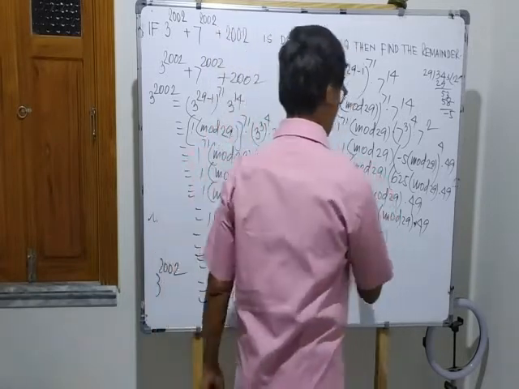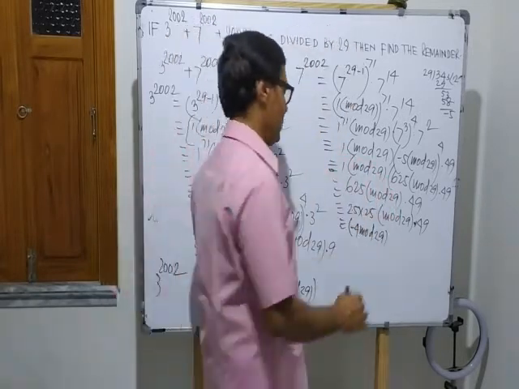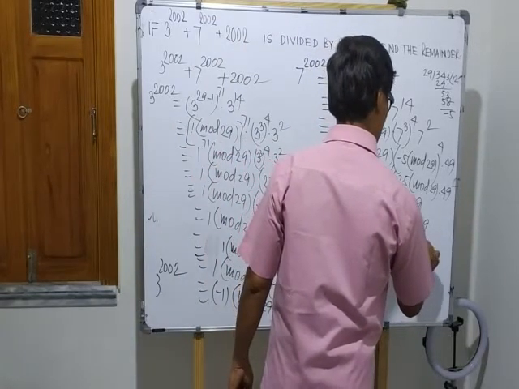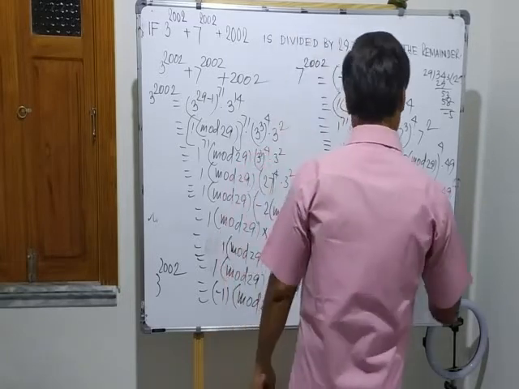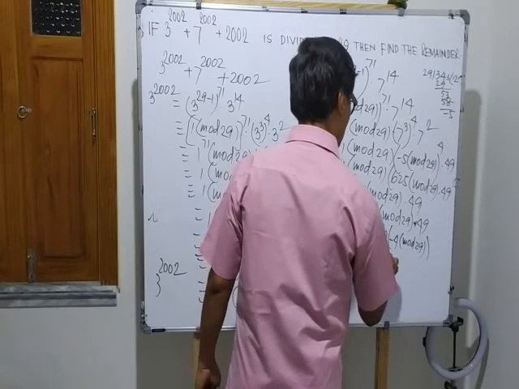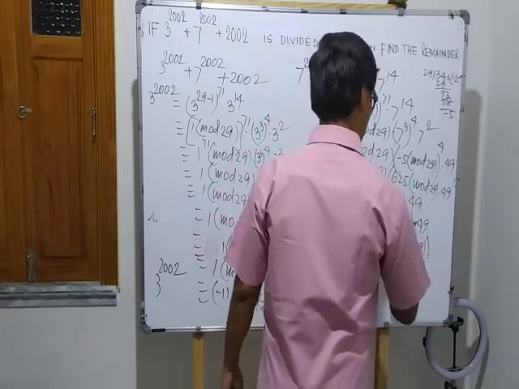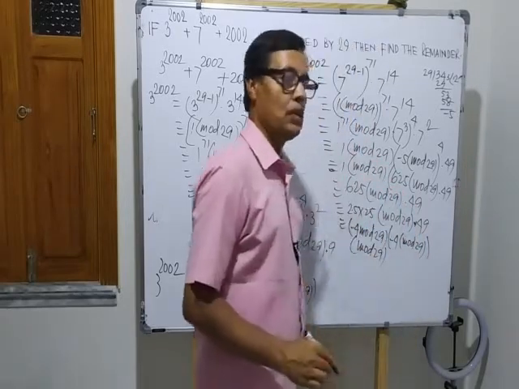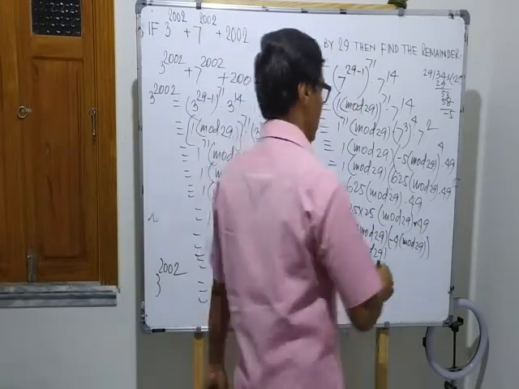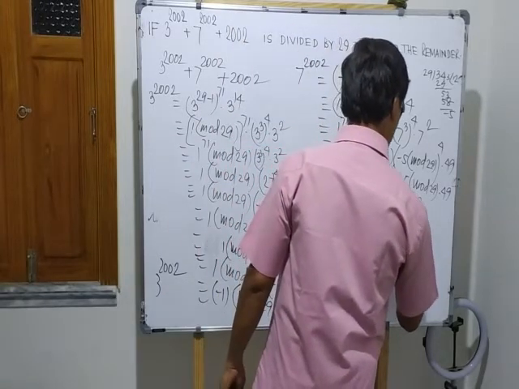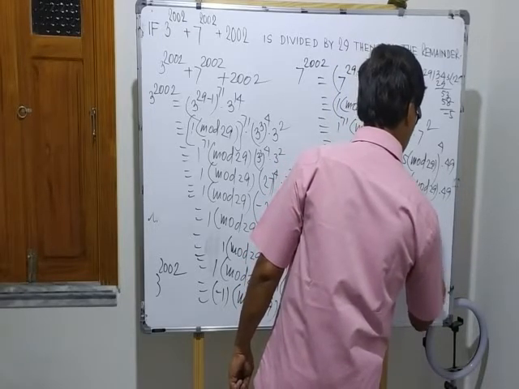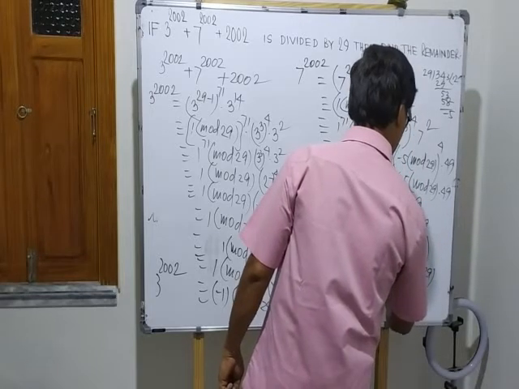Also 49 is congruent to minus 9 modulo 29. If 49 is divided by 29, then the remainder is minus 9.